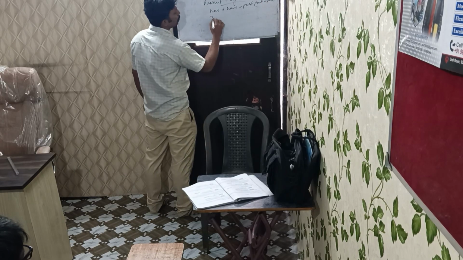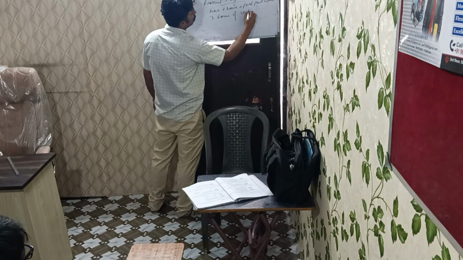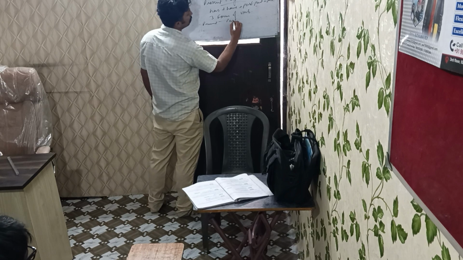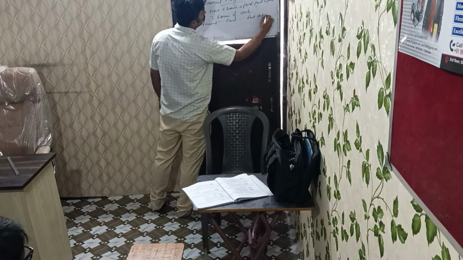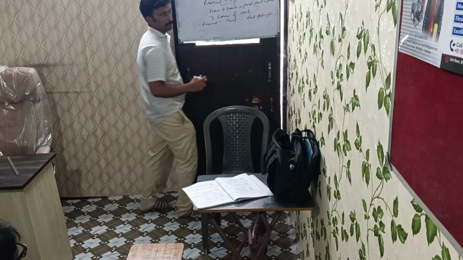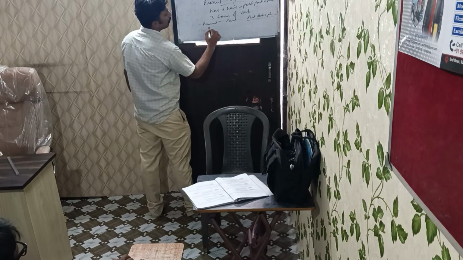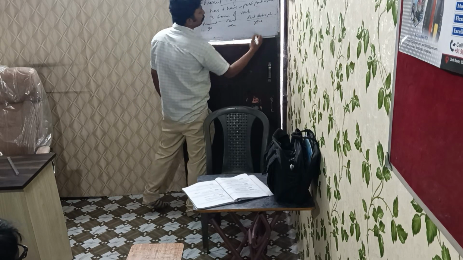So there are three forms of the verb: present, past, and past participle. The continuous tense uses the present participle, but we don't use it in present perfect. In present perfect tense we use the past participle. Suppose go, went, gone is the third form. So gone you have to use.